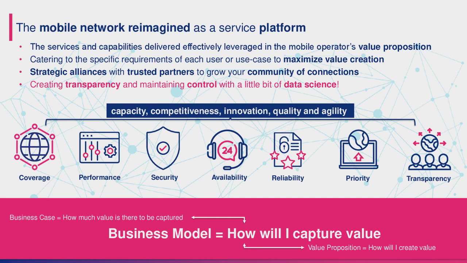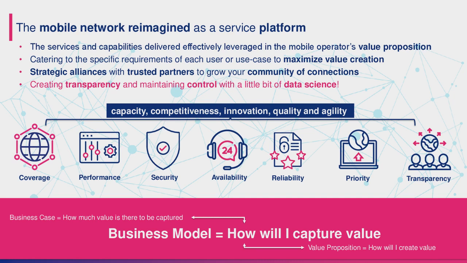The alliances or the partnerships you had before for traditional mobile telephony or traditional mobile roaming may not be the ones that are going to be needed to compete effectively for the user group, for example, where we're talking about machines in roaming. And finally, you do need to still have the level of transparency that you've always relied upon in your legacy mobile business. And again, bringing it back to roaming, you've always tried to maintain a level of control between your roamer leaving your network and going to a roaming partner's network, so a visited network, and also providing your partner's network with the transparency of what's happening to their roamer in your network.